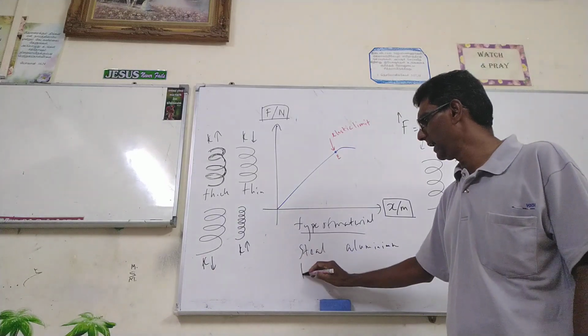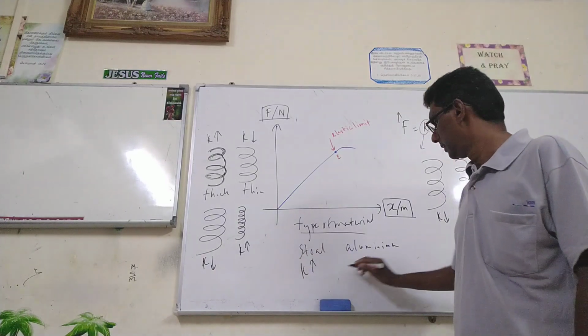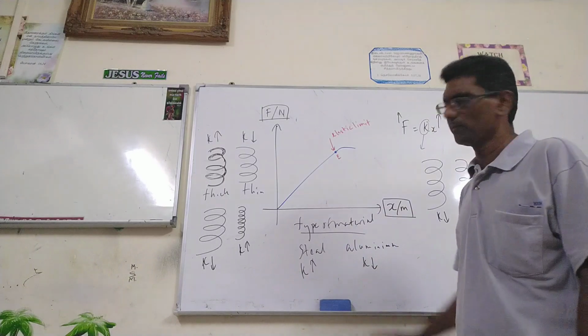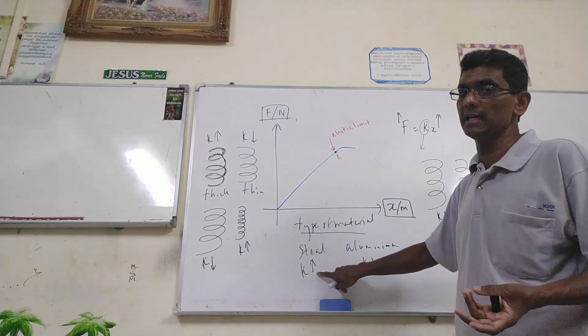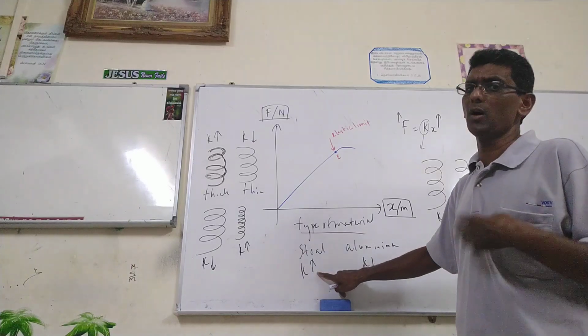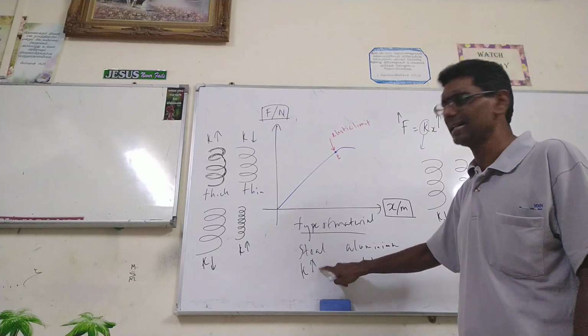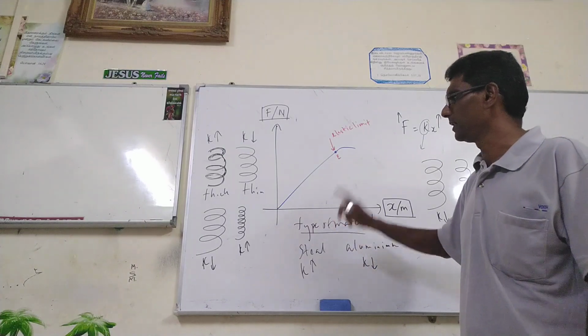Steel has a higher K value. Aluminum has a lower K value. So steel might be a harder spring because it has a higher K value, or stiffness increases, or force constant, spring constant increases. Okay, type of material is the fourth factor.